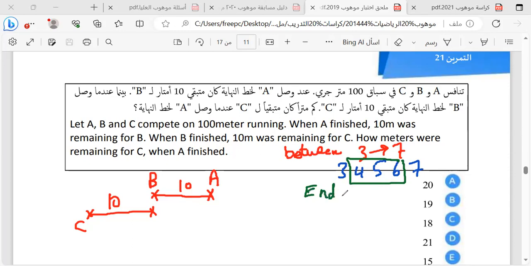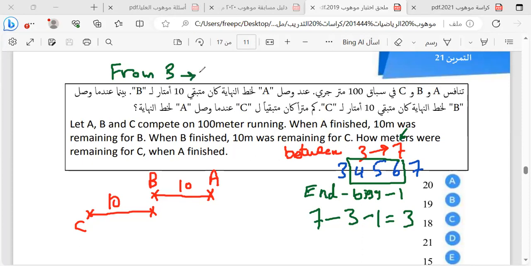So what will I do? End minus beginning minus 1. The end is 7, the beginning is 3. 7 minus 3 minus 1 gives 3. Right? If it said from 3 to 7, how many numbers?